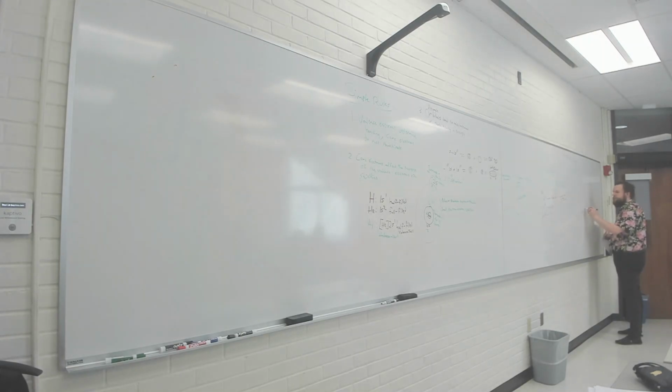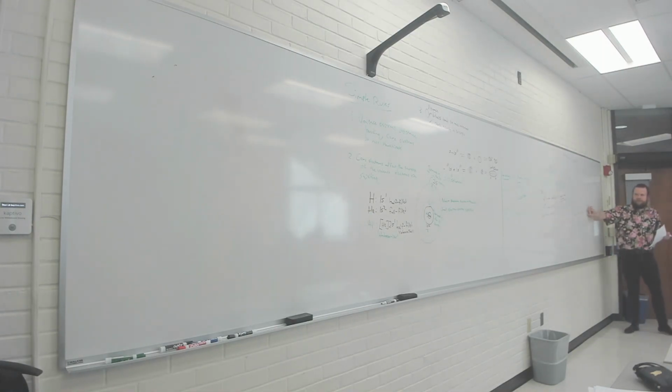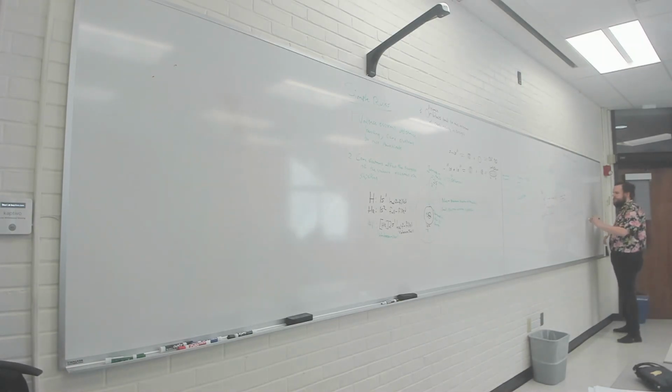We get a bonding sigma orbital and an anti-bonding sigma orbital. We can look up online how much energy these differ by, by ionizing nitrogen as well, but let's not do that. And let's fill the shell. We put the atomic electrons into the molecular orbitals. 1, 2, 3, 4.